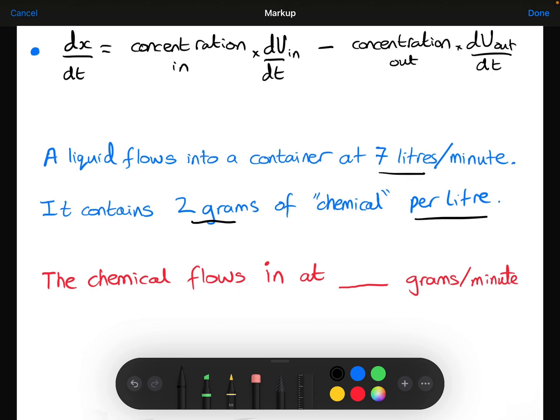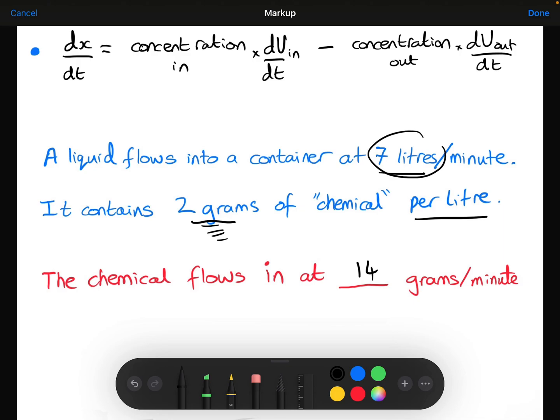So if I've got 7 litres with 2 grams in each of them, that means there'd be 14 grams of the chemical flowing into the container every minute.